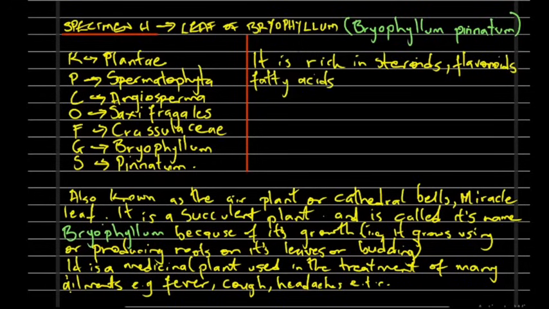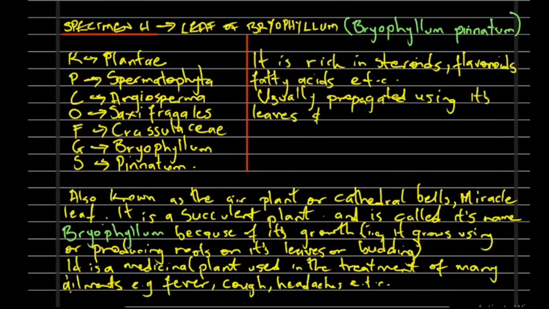These are substances that can be found inside this particular item, etc. It is usually propagated by the stem, using its leaves and stems. So that is what the Bryophyllum talks about.